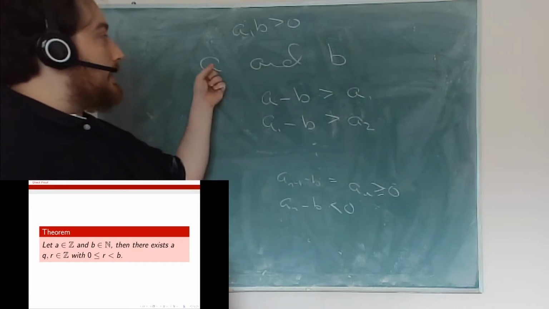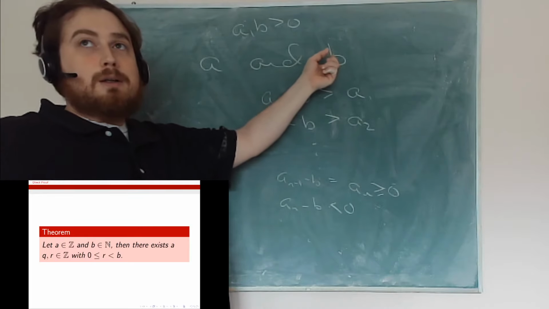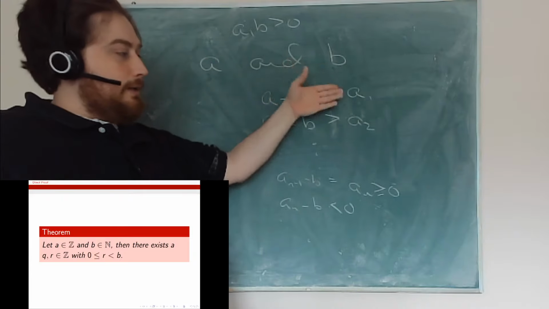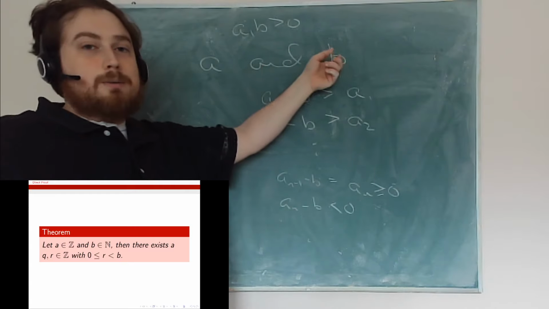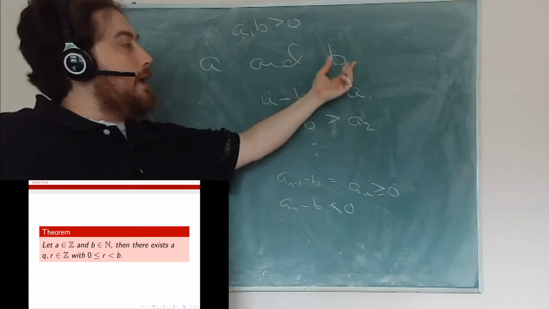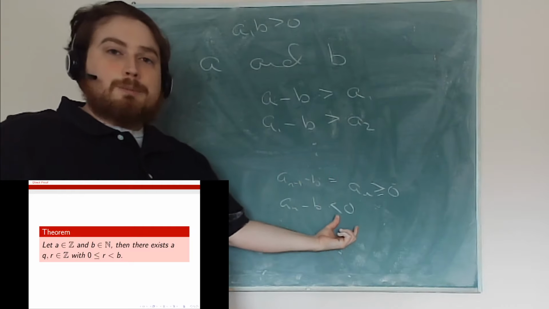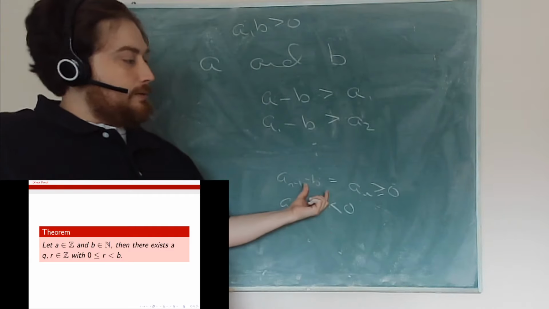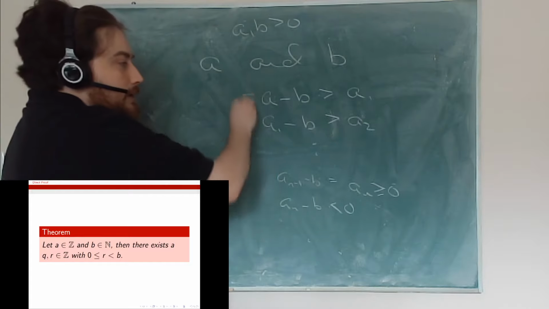Now the point here is that if I have a positive number and I keep subtracting some other number, say I subtract 2 from some huge number and I keep subtracting 2, no matter how big or small the number is, as long as they're integers, eventually I'm going to end up smaller than 0. So if we go back one step, we would be positive, and this is exactly the point we're interested in.